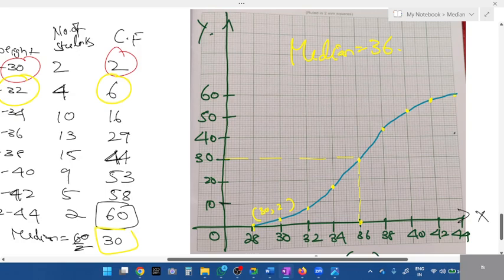45. Look at 45. From 45, all of you draw a straight line, students. 45 lies between which two values? 40 and 50. I think even this also is 38, right? Somewhere around 38. Is it touching towards 38? Or 38 point something?